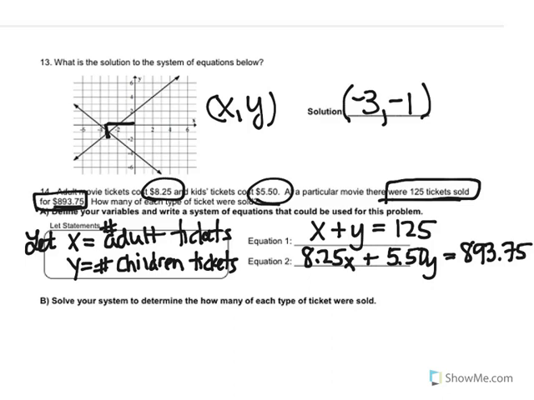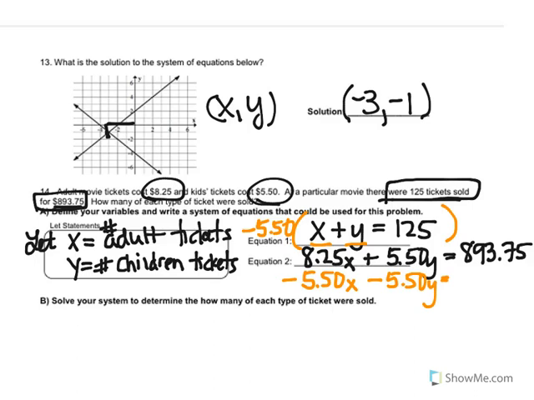Now it says solve to determine how many of each type of ticket were sold. Personally, on this one, when we have an x and a y by itself, I like to use elimination. That's one of my favorite methods. So I'm going to take this top equation and multiply it times -5.50. When I do that, I'm going to end up with -5.50x minus 5.50y.